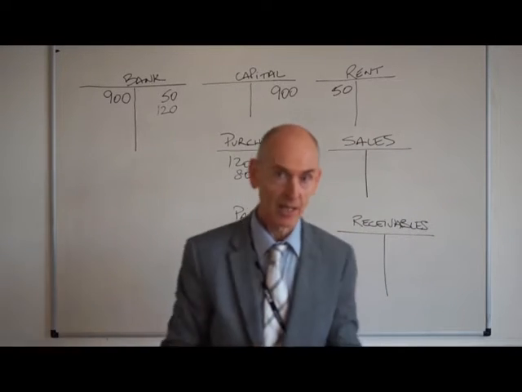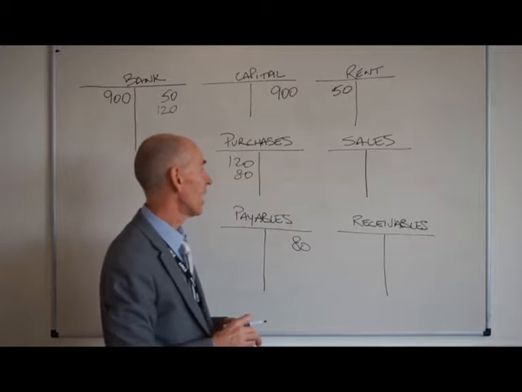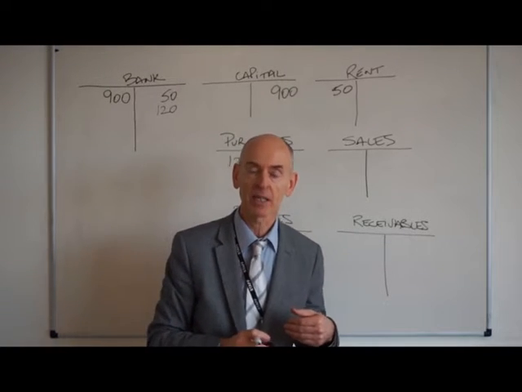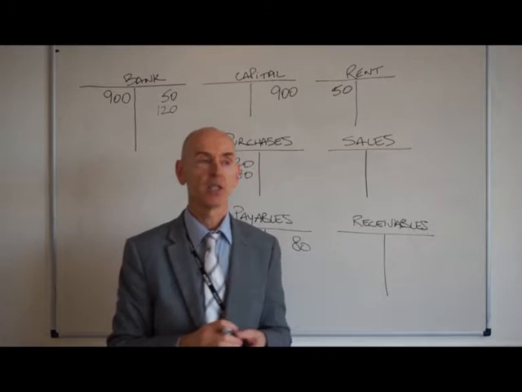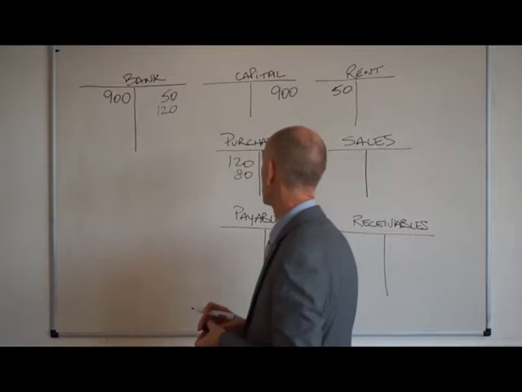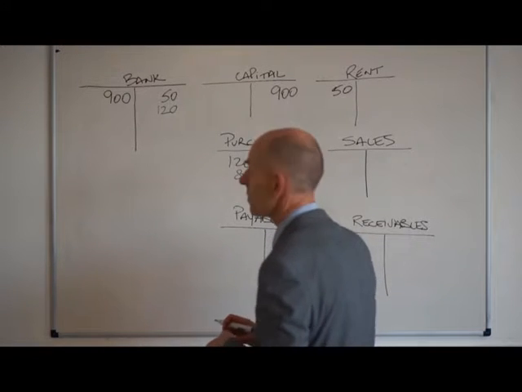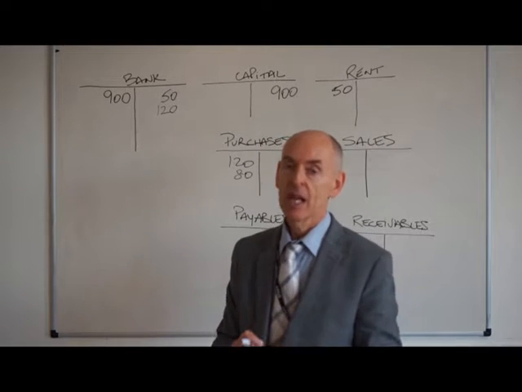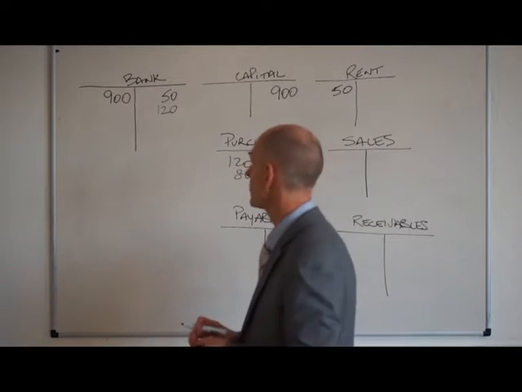Let's now say that we make a sale and we get the money straight away into the bank, to the value of £300. If the money is going straight into the bank, we've got a positive asset of £300.